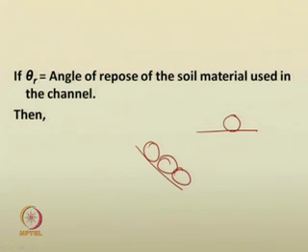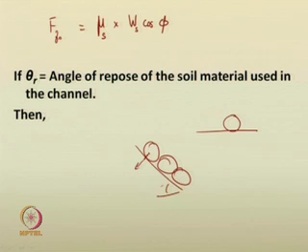So, from the principles of mechanics, it has been identified that you can write the frictional force as some coefficient of friction into the component of gravity force. So, now you know the gravity force of the particle, the component. This is angle phi.